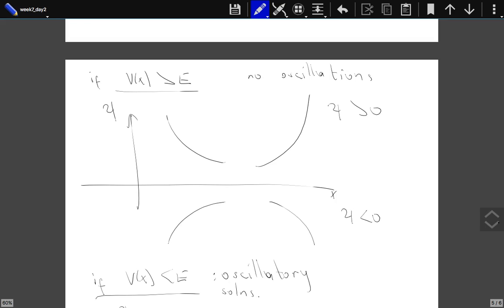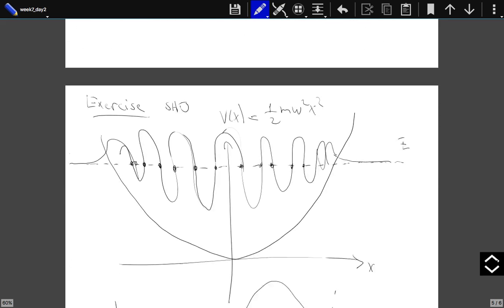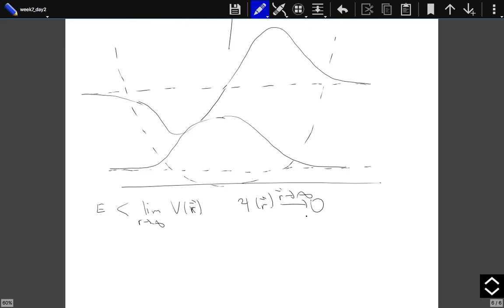So the only acceptable solution is one that approaches the 0 line and becomes 0 at infinity, for a normalizable solution. But this is only possible for certain special values of the energy E, and hence we have energy quantization. Energy quantization is basically due to this condition that our wave function should go to 0 at infinity.